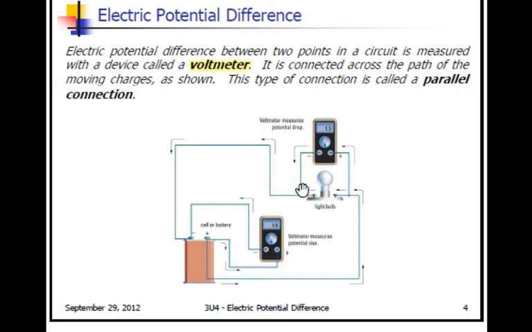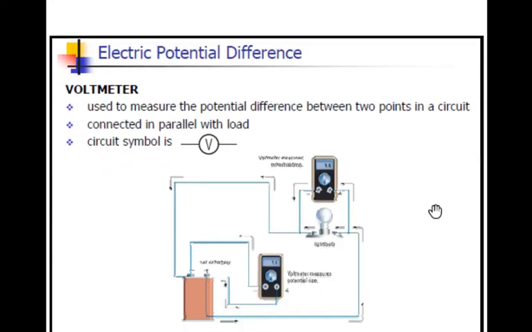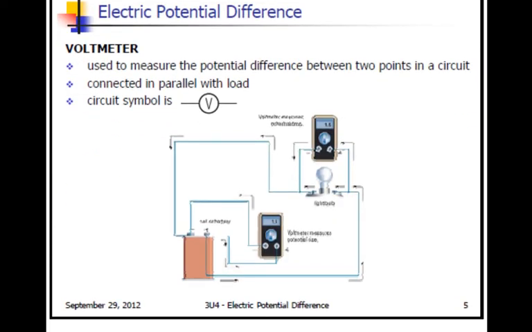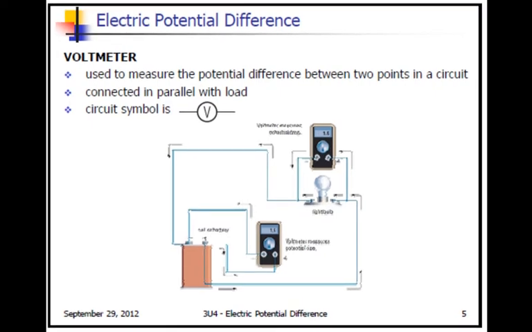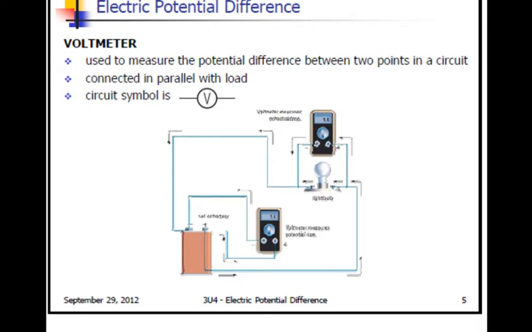We'll see the potential difference between this point and that point, and that difference is what we sometimes call the voltage drop across this light bulb. The symbol for a voltmeter is a V with a circle around it in a circuit diagram. It's connected in parallel across a load, and it is used to measure the potential difference between two points in a circuit.